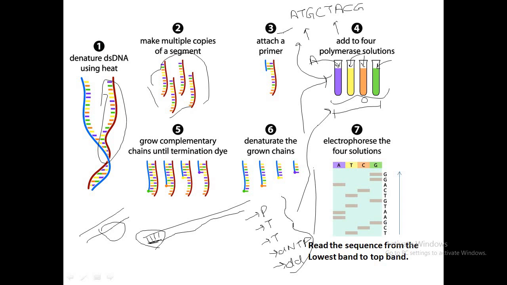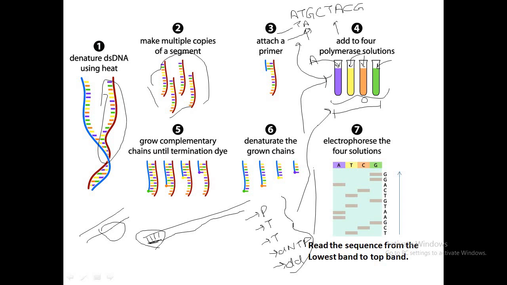So when replication starts for this portion, at first normal T will come, then A will come. Why? Because for T, A always comes. This A, whether it is a normal A or a dideoxy A, if it is a dideoxy one, then the fragment will end here.